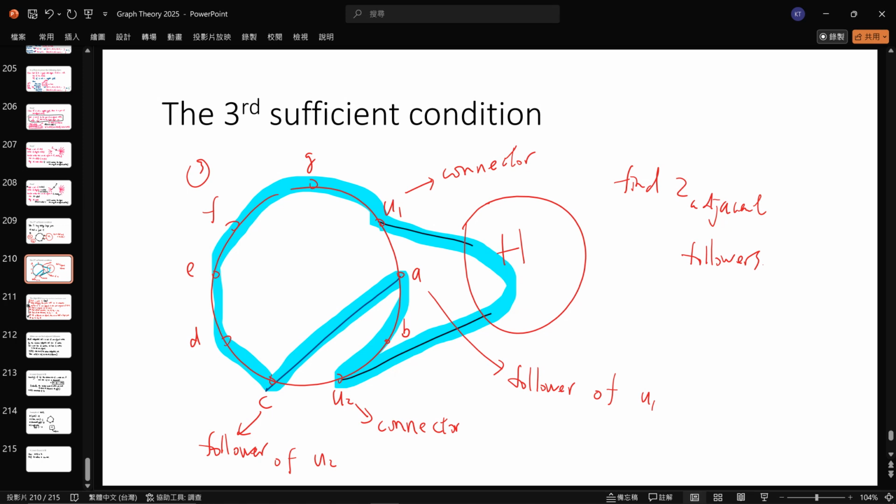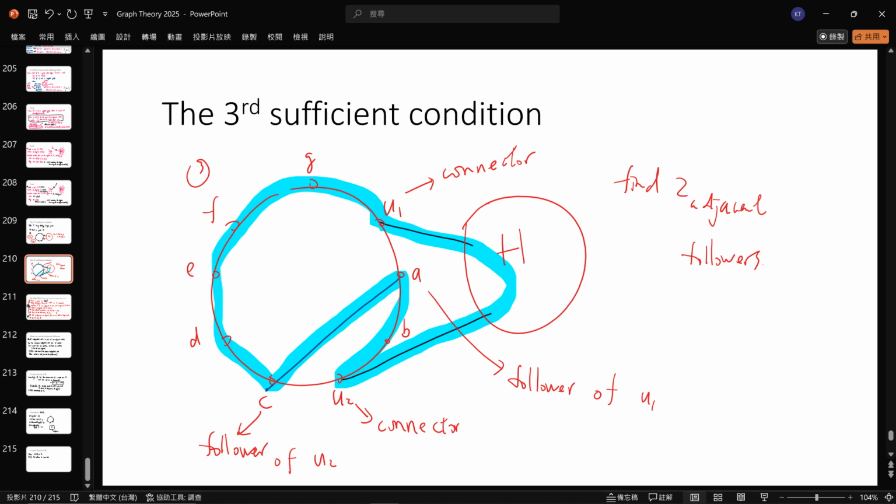So if you remove the connectors, you disconnect the cycle from the component. After you remove U1, U2, you get two components, so this graph is disconnected. This is basically the idea.